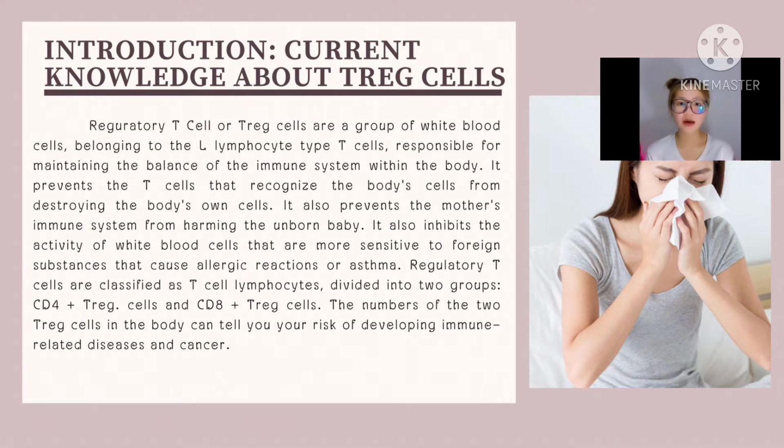or asthma. Regulatory T cells are divided into two groups. First is CD4 plus T cell and second is CD8 plus T cell, which are the number of T cells. The body group can tell you your risk of developing immune-related disease. When Tregs have a lower number, this will prevent the T cell from being able to stop white blood cells from destroying their own cell, until it is the cause of autoimmune disease.